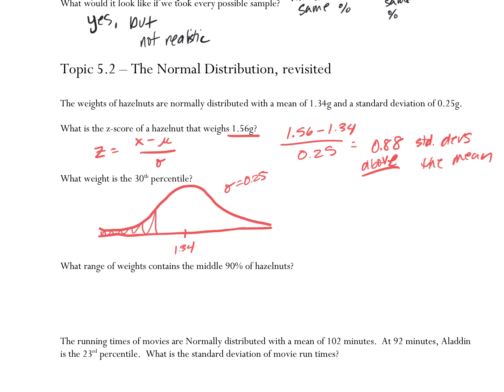I'm going to just say 30% would be lower. Yeah? Which tells me that this area is 0.30. Do you guys remember where in the calculator we can find this? Inverse norm of 0.3.